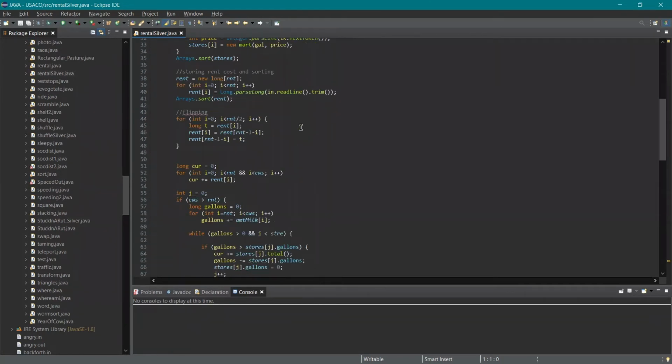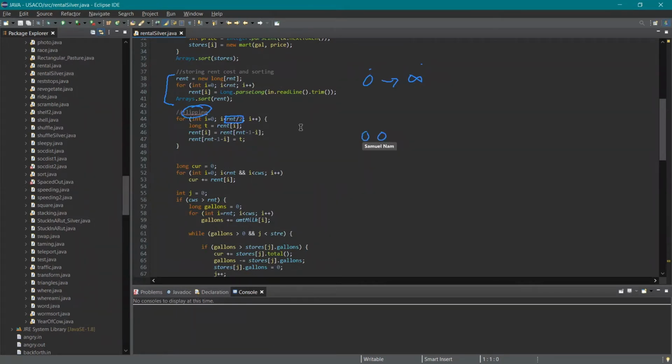If we keep scrolling down, we store rent, resort and store it. But in this case, we want to go to the highest renter. Because Arrays.sort goes from lowest to highest, we have to flip them. We only need to go halfway, because even if the middle one is there, we won't have to flip it.